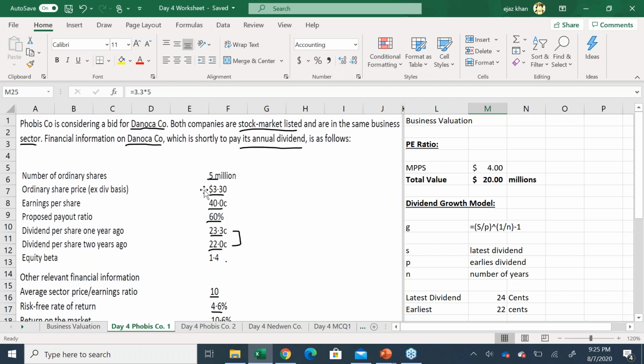I'm looking for the reason why you think that Forbes company will be willing to pay you more than 3.3 if they can get it for 3.3 in the market? No, it's the ex-div price. It's already after the dividend. Forget about the dividend now.